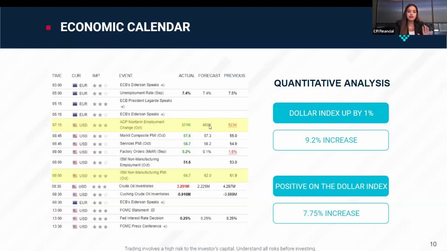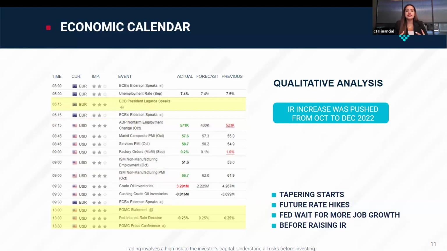So first of all, you look for the expected reading and compare it to the previous one, then it's going to be easier for you to forecast the effect of the actual reading on the prices. For example, here, the reading was higher than the expectations and higher than the previous one, so it is expected to have a positive impact on the US dollar.